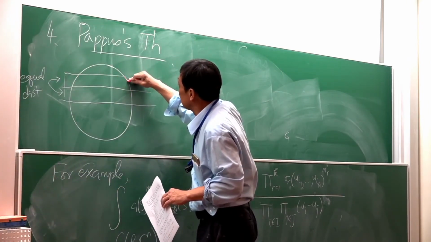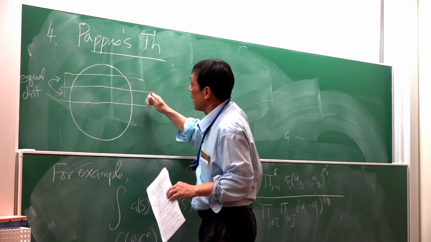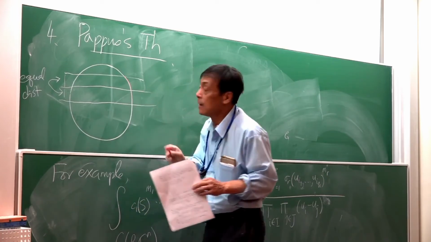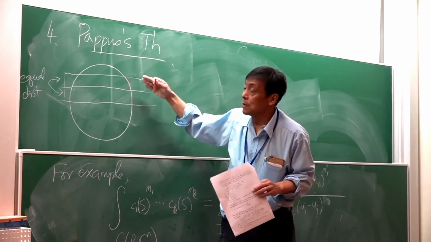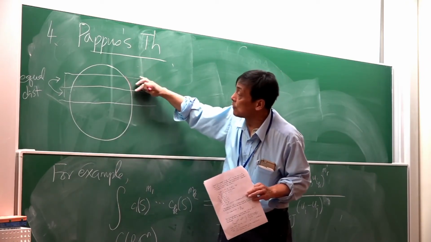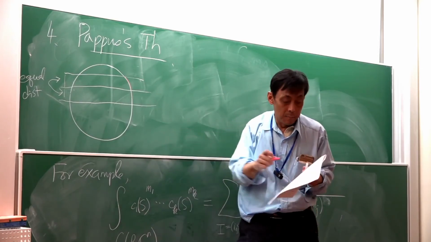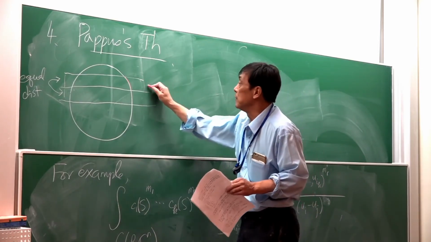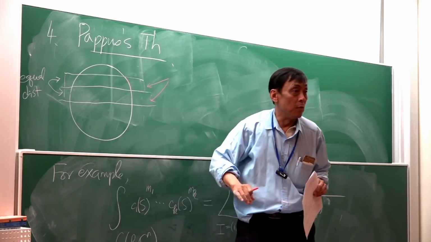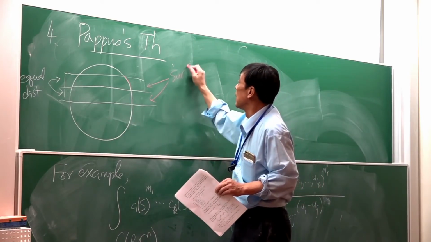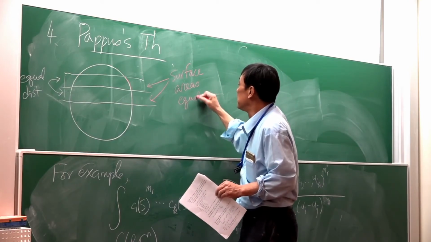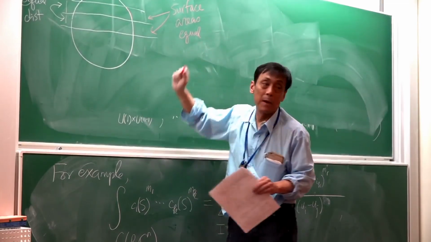So you see this and this, they have different shapes, right? In terms of curves, this curve is longer than this curve. But Pappus's theorem says that if the two vertical distances are equal, then the surface areas are equal. Okay? That is Pappus's theorem.